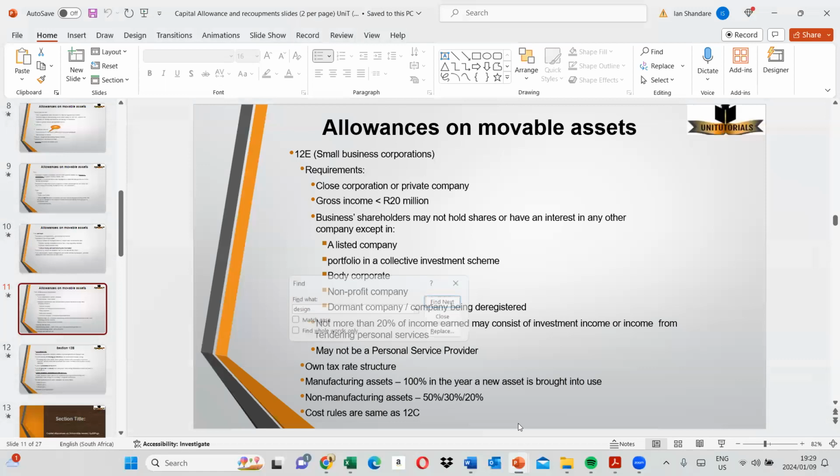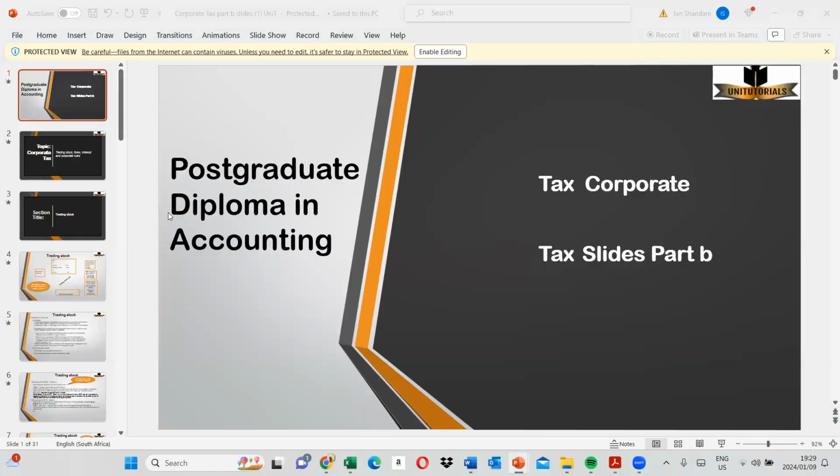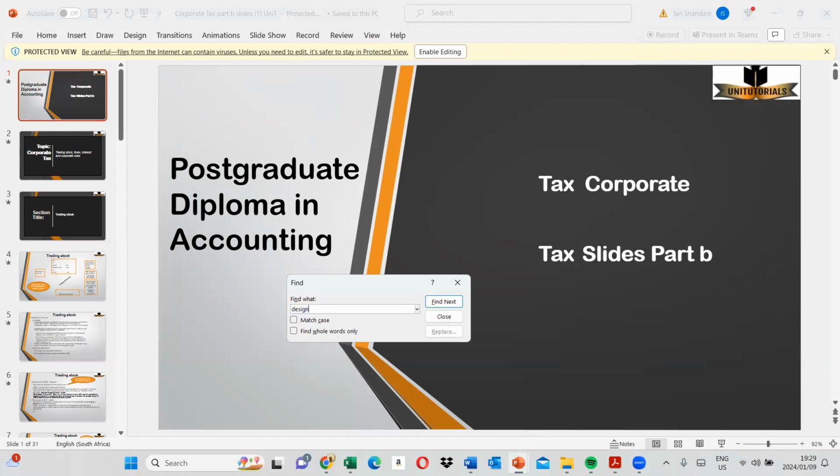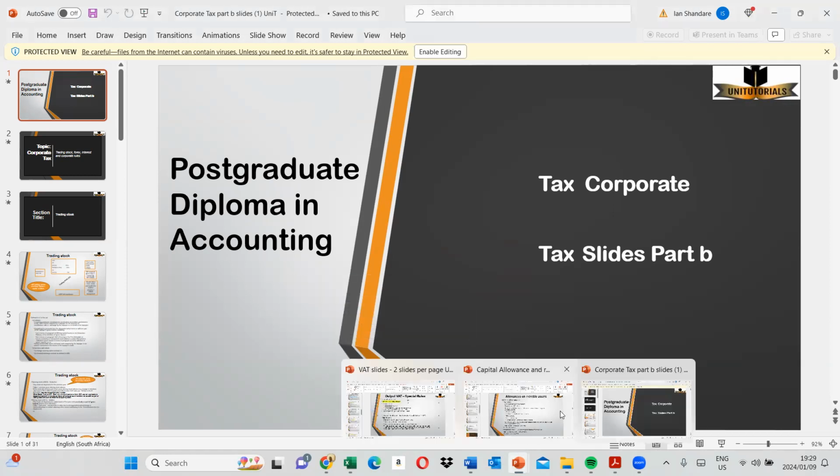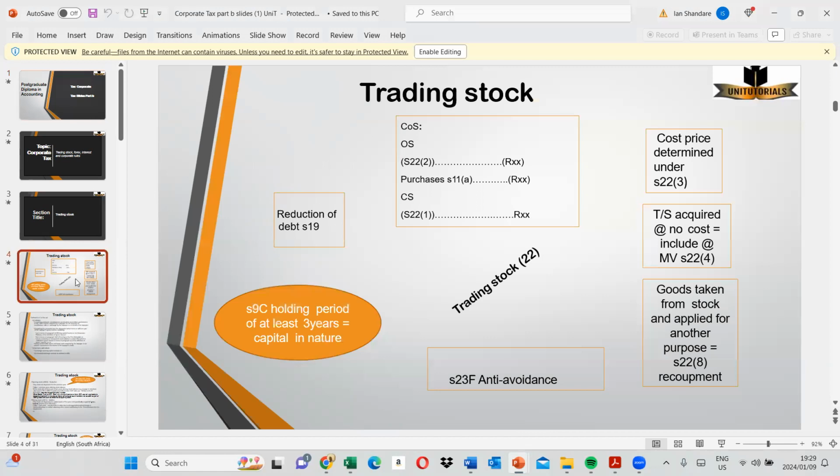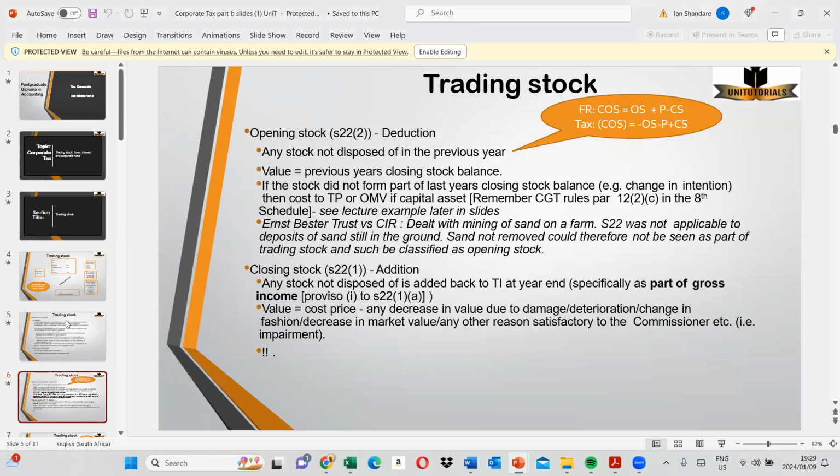It should be corporate tax. Okay, I'll share with you, but I know it's under corporate tax, should be part 2 of it, right?